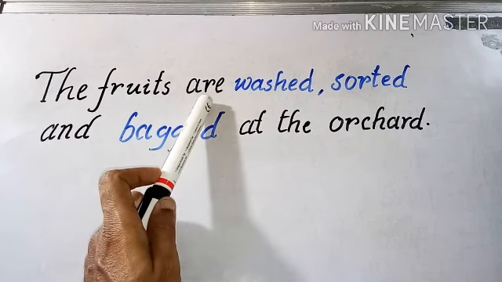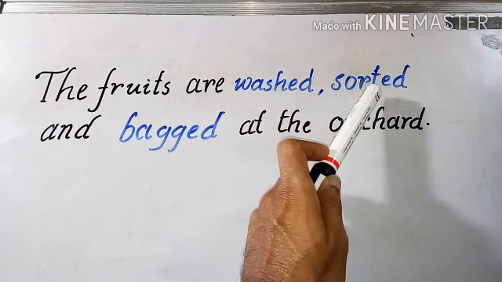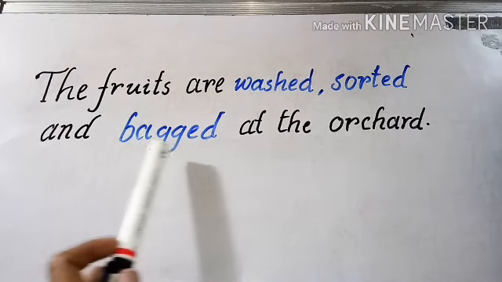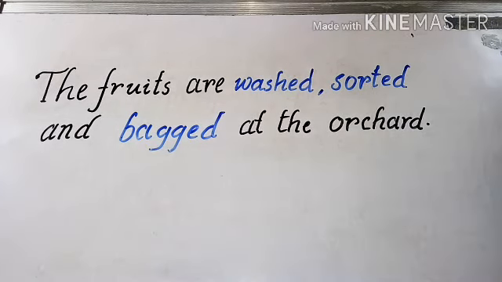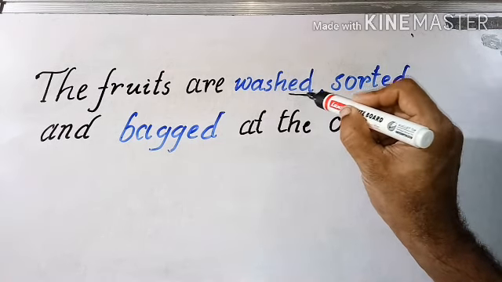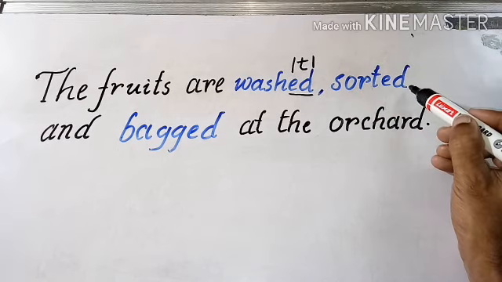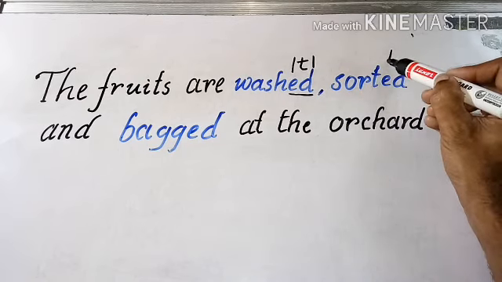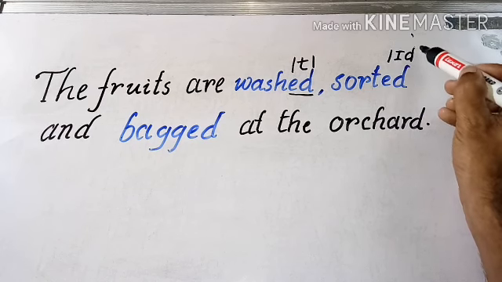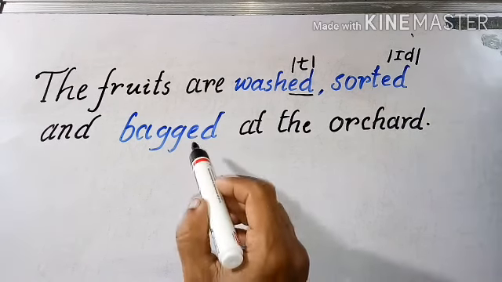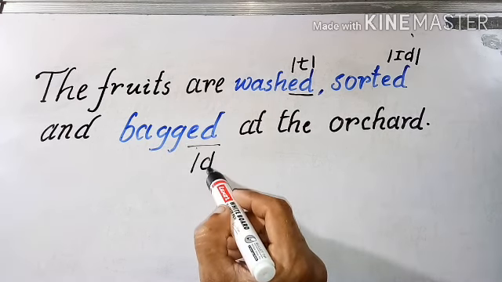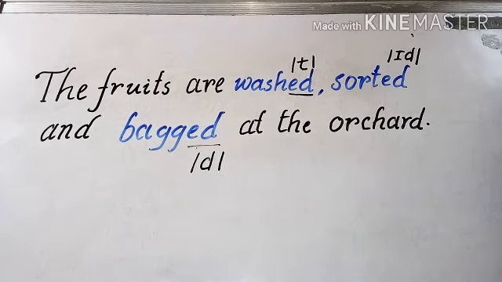Here we can observe this ed sound as t in washed, sorted, not sorted, this is id, and bagged, this is d. So we can find the three variations of the sounds of the suffix ed in all these cases.